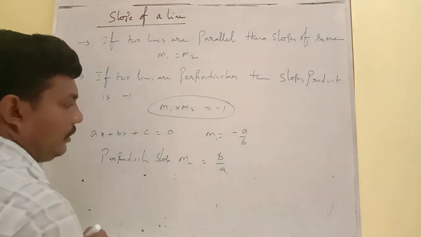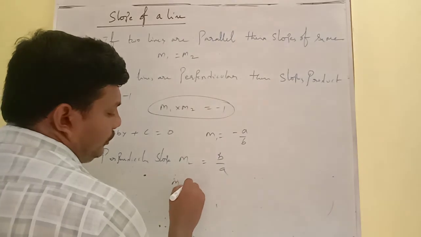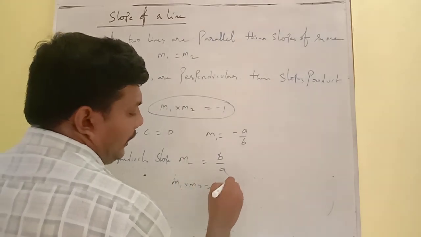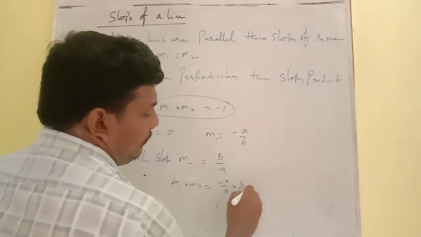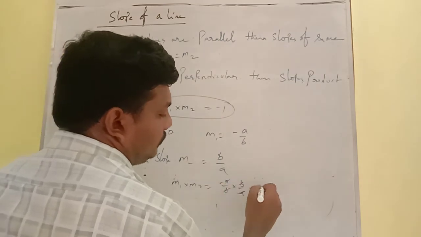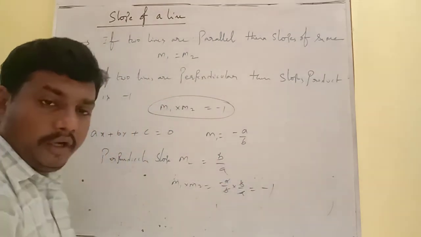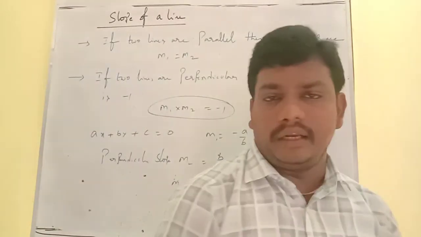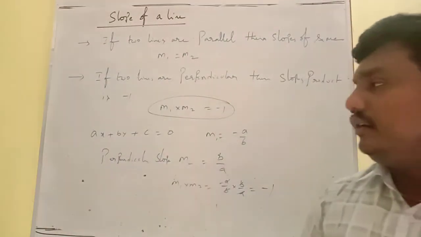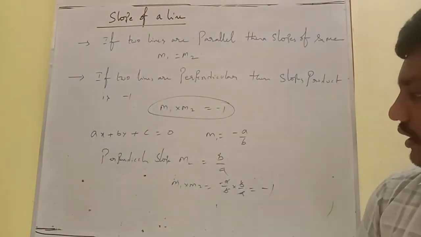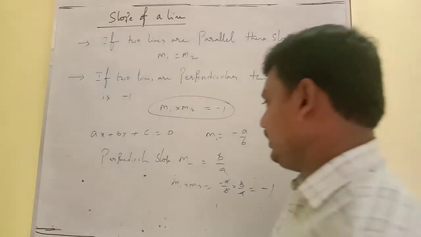The product of m1 into m2 is minus a by b into b by a, which equals minus 1. The product of slopes is minus 1, so we can conclude that those two lines are perpendicular to each other.